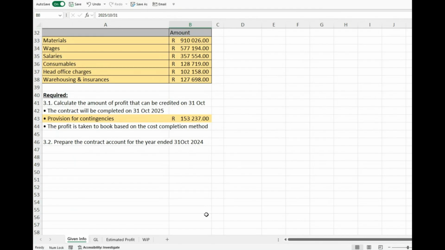But I just want you to realize here is that the general ledger, the first thing that we are going to do, this is part of the information that you used to compile your financial statements. Okay. So this is historical information. It is part of your financial statements, as I already said. When it comes to the estimated profit and the work in process account, the contract account, these are not part of your financial statements, guys.